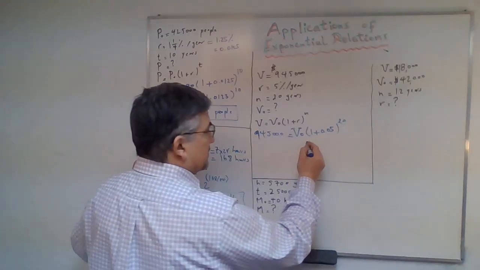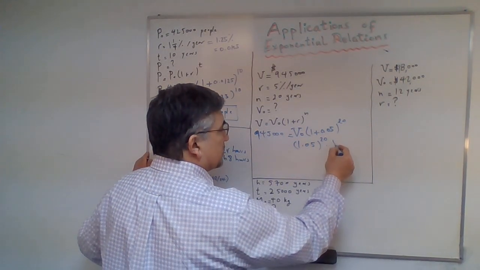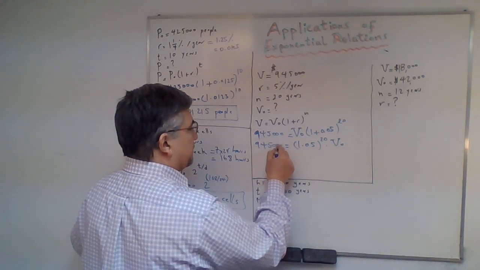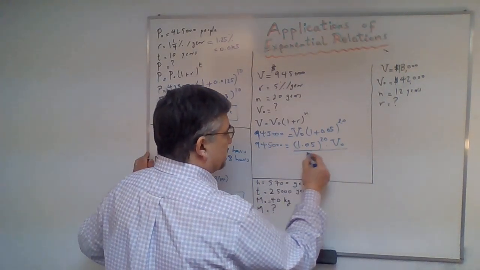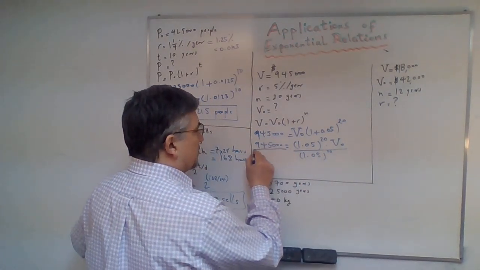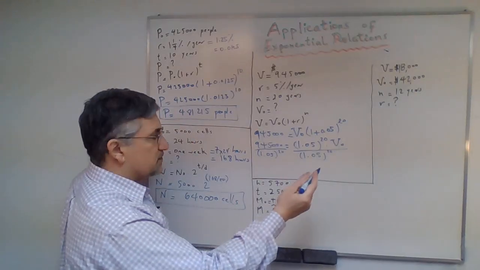So doing the math here, we have 1.05 raised to the exponent of 20 times V naught is 945,000. So clearly we have to divide both sides by this power on the right in order to solve for V sub 0.